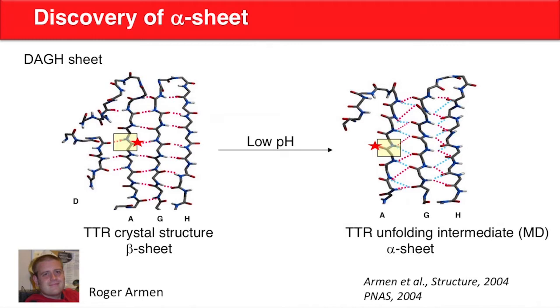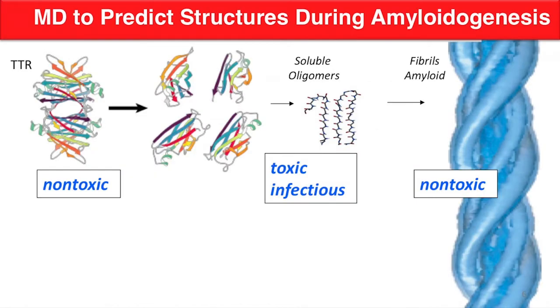In the next slide, you will see where this fits into the overall process. We call this our alpha sheet hypothesis: that these toxic soluble oligomers contain this structure we discovered in the MD simulations. I'll note that if we run those same simulations at neutral pH, we used low pH to trigger the process, at neutral pH the structure remains intact.